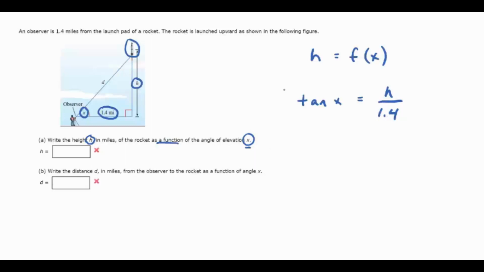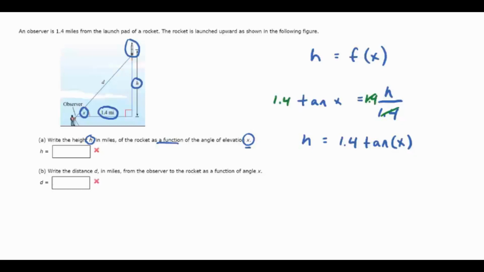So if I multiply both sides by 1.4, I'll have it. Just get h by itself. And so I'll turn it around and say h is equal to 1.4 tangent x. But when you type it in WebAssign, make sure you put parentheses around the x.